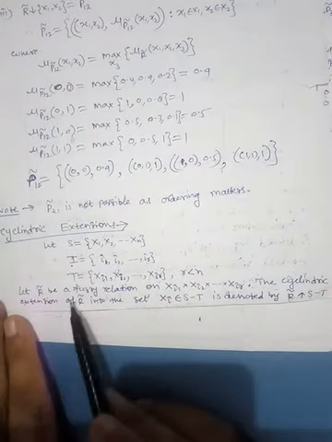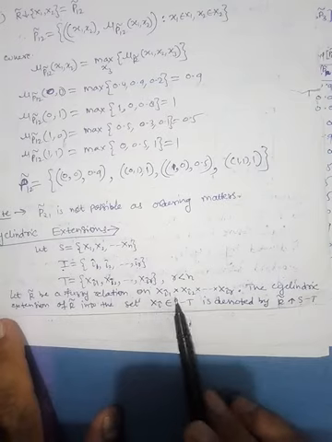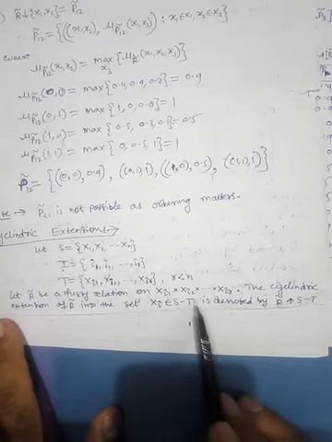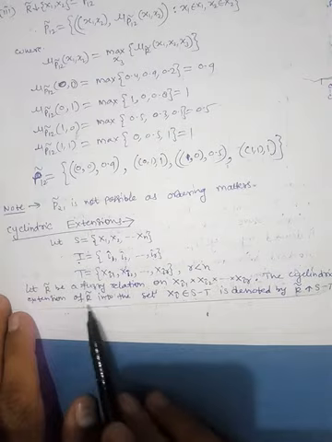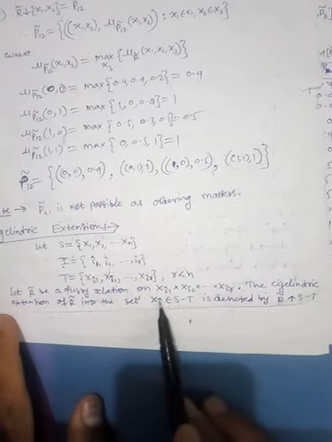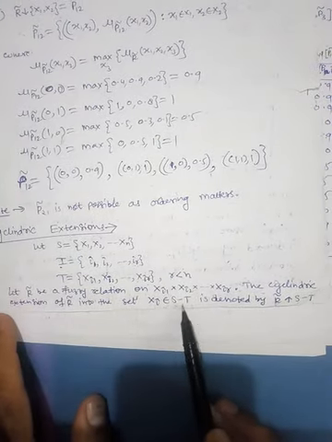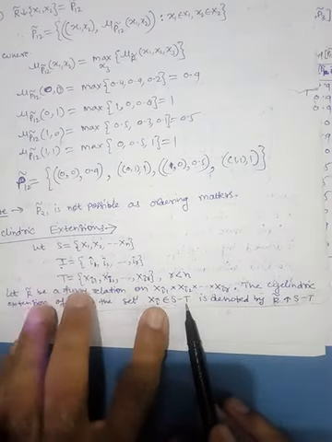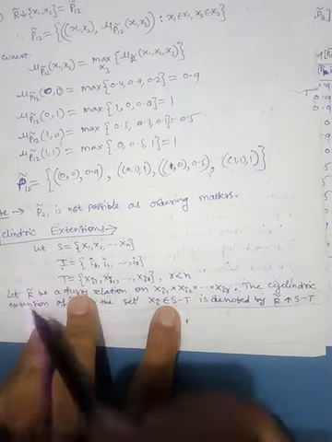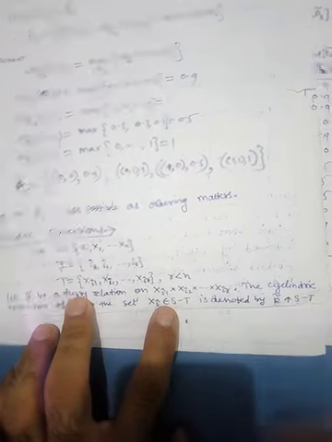Fine. So let R be a fuzzy relation on xi1, xi2, up to xir. Then the cylindrical extension of R is into the sets in S minus T, that is, those sets in which we want to extend the dimension of R. What is S minus T?